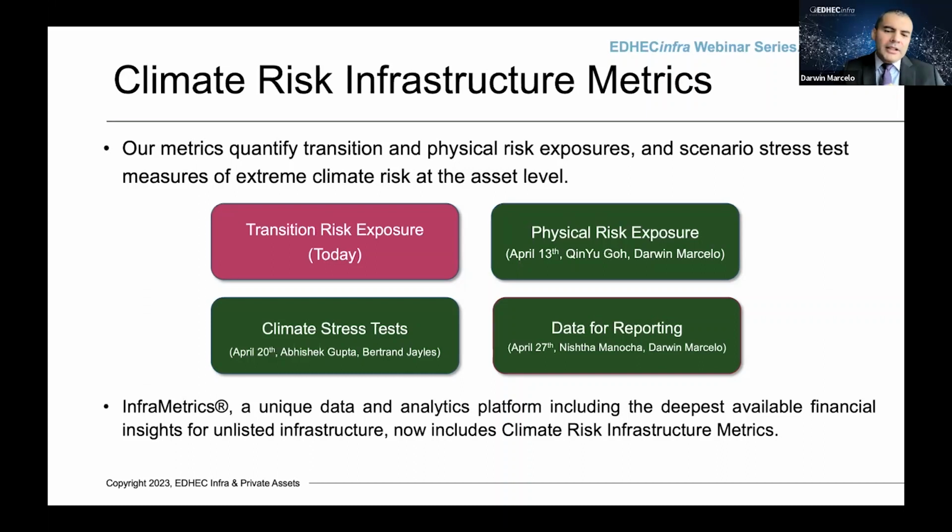And at the end of the month, we will be talking about data for reporting. Needless to say that Inframetrics has unique data and a very user-friendly analytics platform, including the deepest available financial insights for unlisted infrastructure. And now it's going to include these climate risk metrics that we have developed over the past almost 3 years.